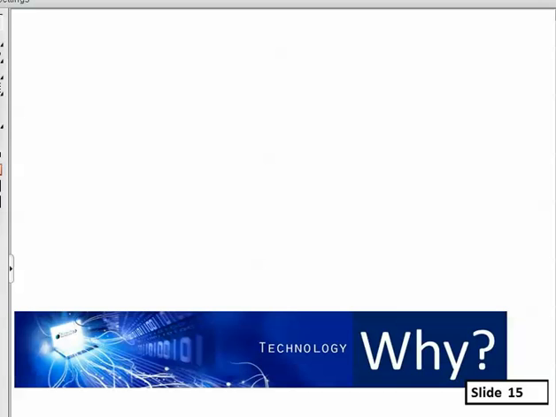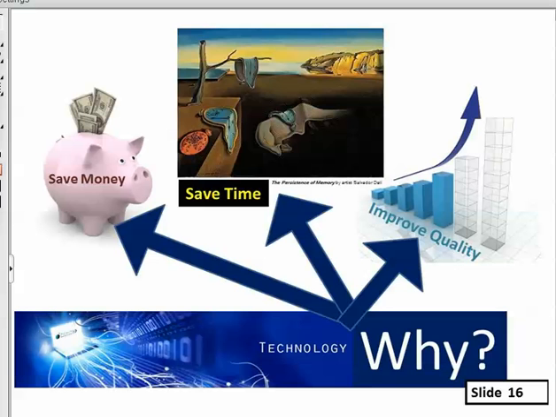Well, there's some reasons why we want to use technology. Obviously, if we use the right kind of technology, hopefully we can reduce our overall cost of operations, save money. By the same token, it is a world of difference to have data immediately available to you on a computer that you can go to very quickly.